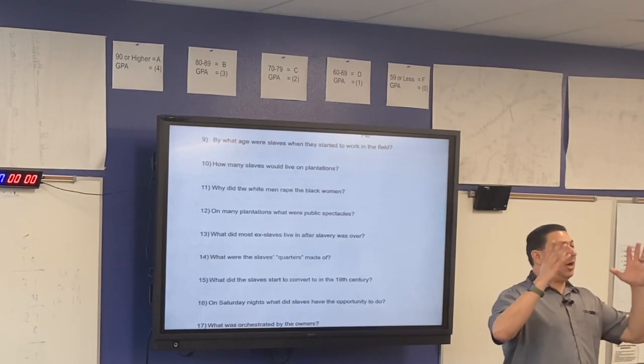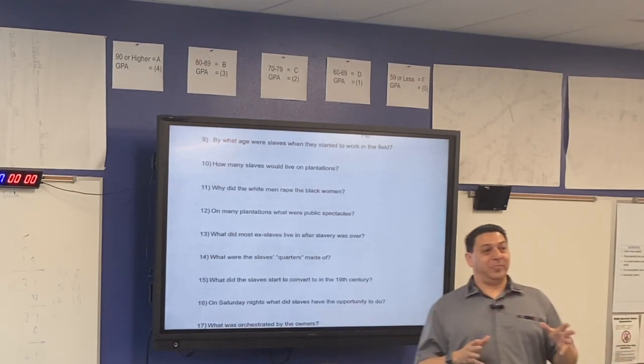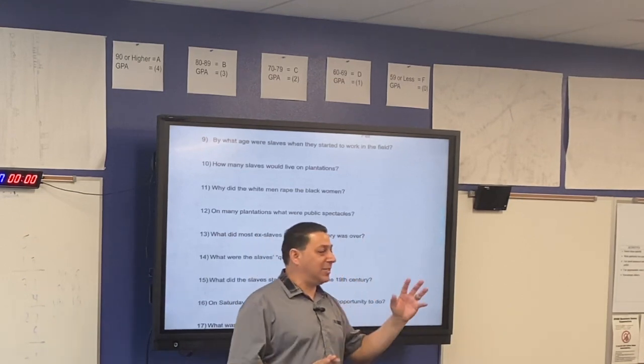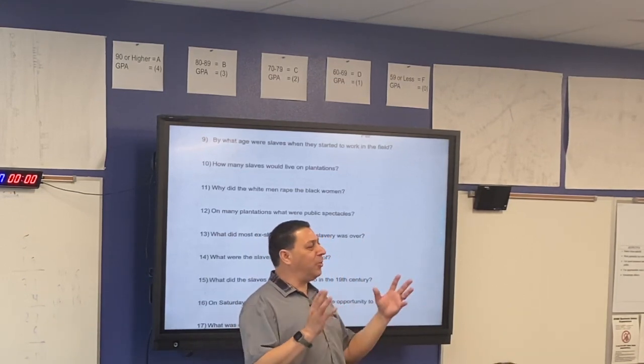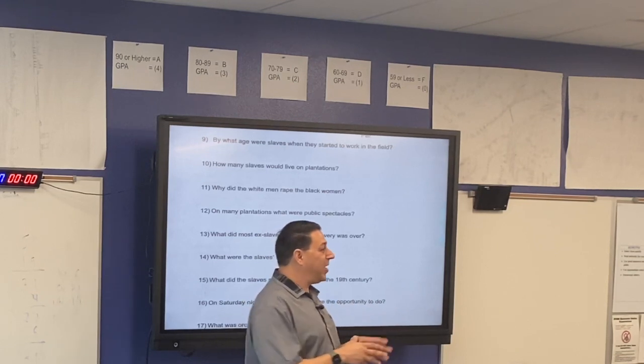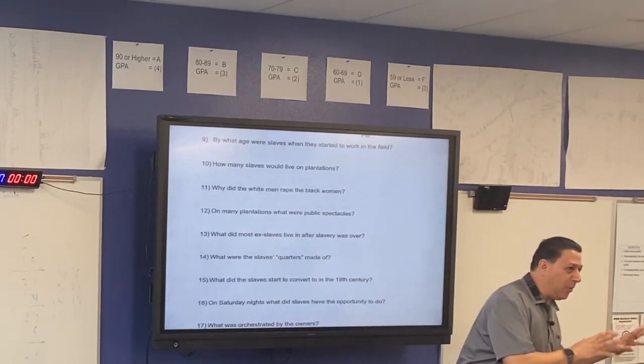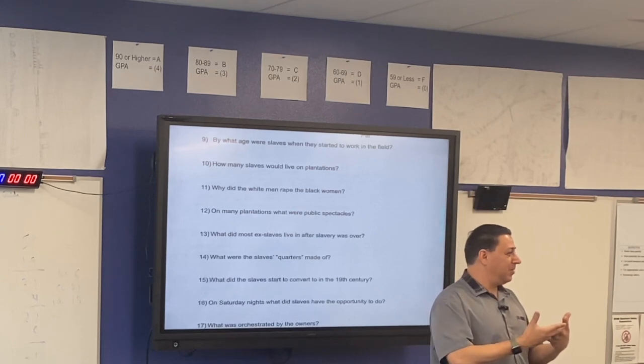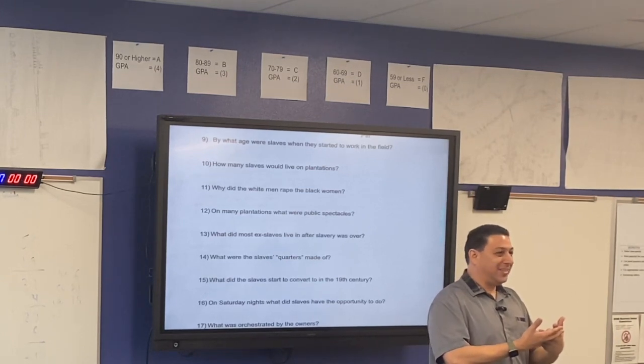Here's the other thing that amazes me. We just talked about all the horrible things that slaves had to endure. Horrible things. Yet amongst all those horrible things, they're able to find joy and happiness. Do you know how?